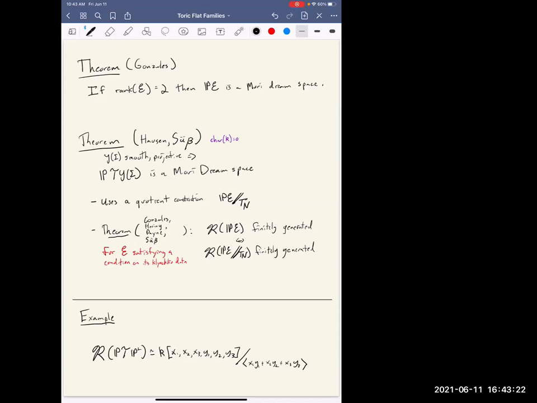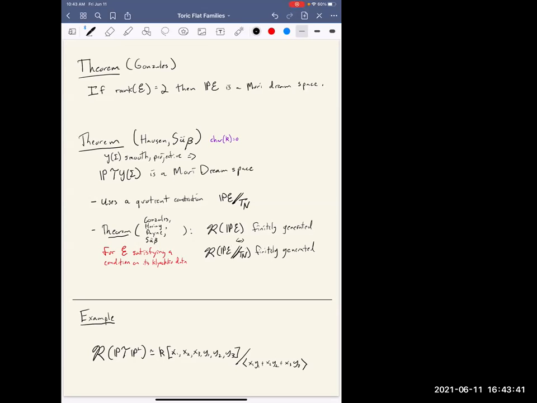It uses a particularly nice quotient construction called the maximal orbit quotient. Roughly speaking, your projectivized toric vector bundle is a Mori dream space if and only if this quotient is a Mori dream space.